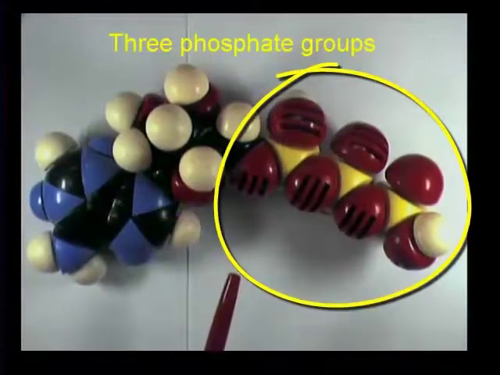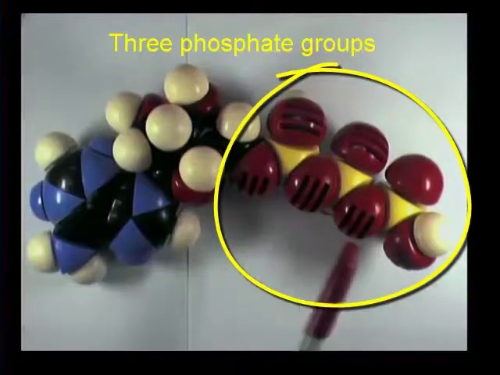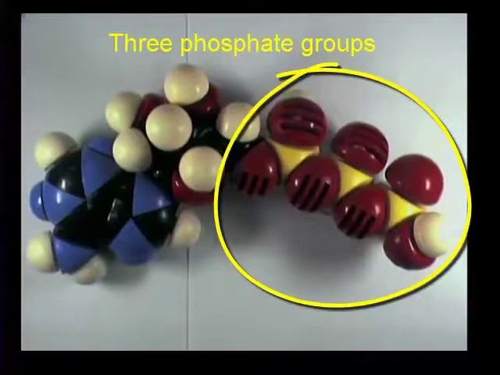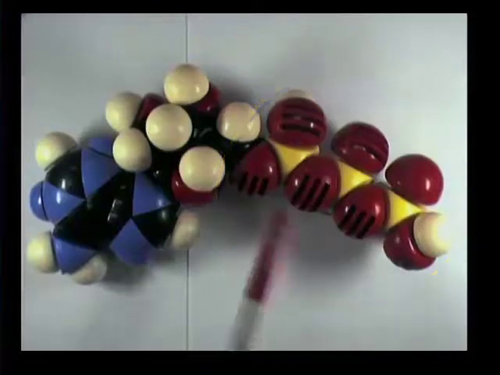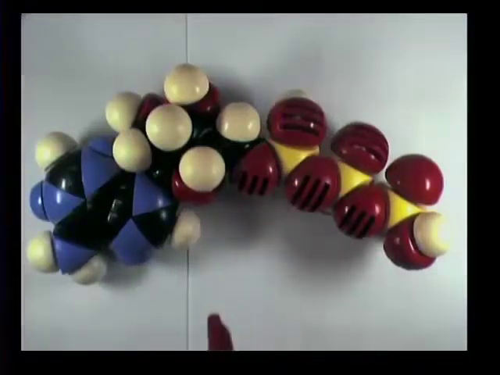The business end of this adenosine triphosphate molecule are these three phosphate groups that give it its name. That's why it's called triphosphate. Notice that each one of these phosphorus atoms is a pale yellow color here, and each one of the phosphorus atoms has a number of oxygens attached to it.